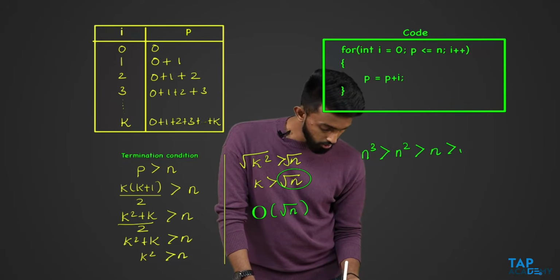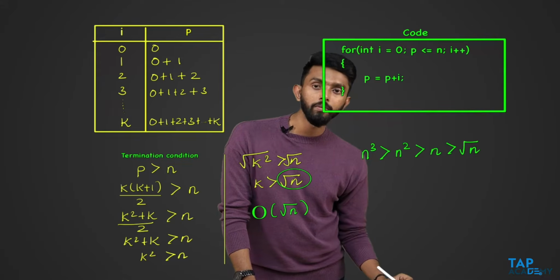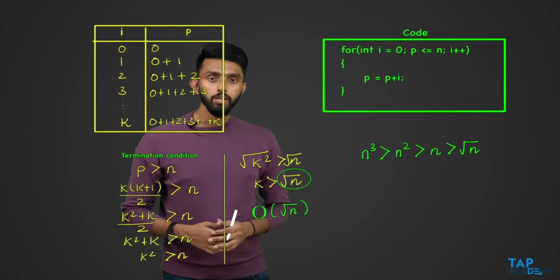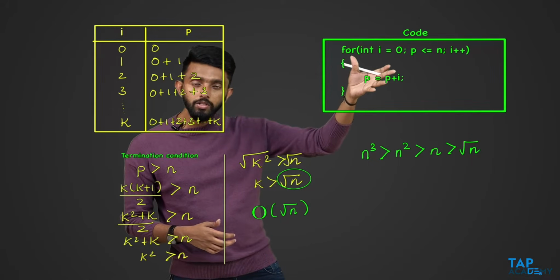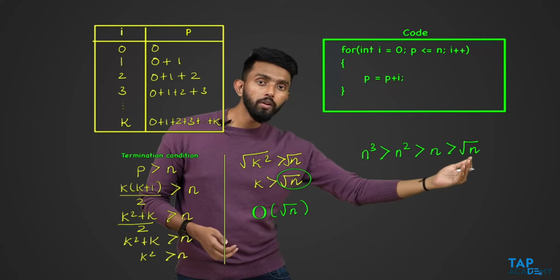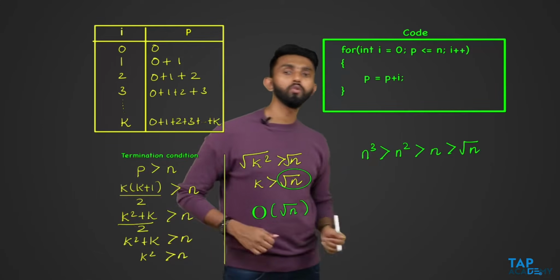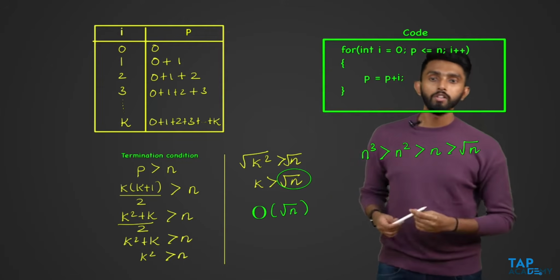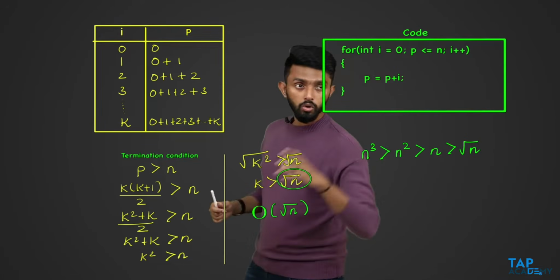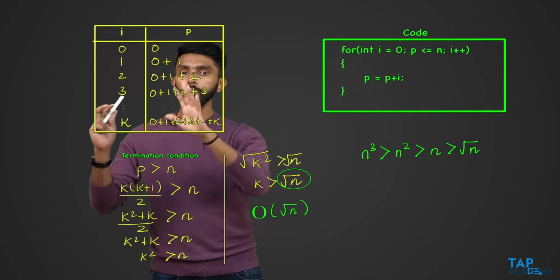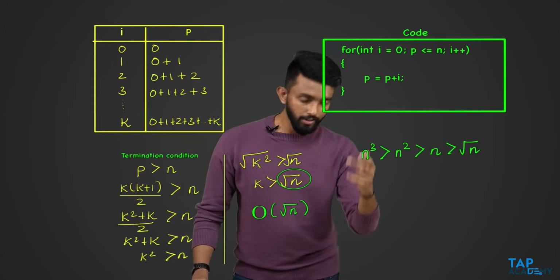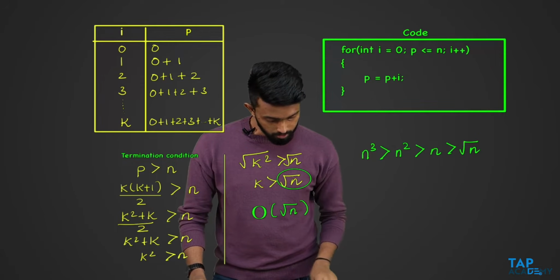Naturally, n is going to take more time than root n. So I hope you are able to see that certain pieces of code are much more efficient than certain other pieces of code. Any confusion till this point of time? I hope everybody understood how I analyze the time complexity of this. Let's go check out a few more code snippets, shall we?